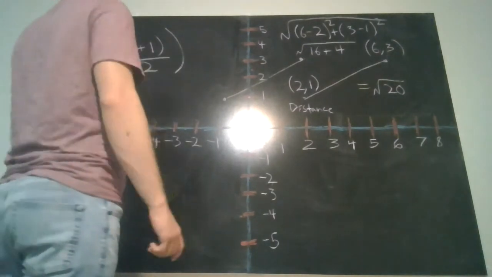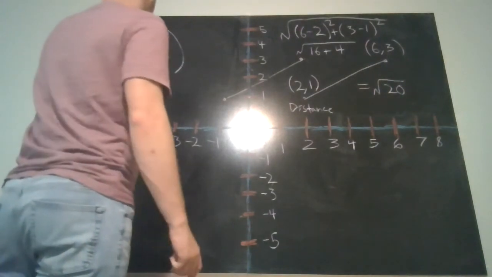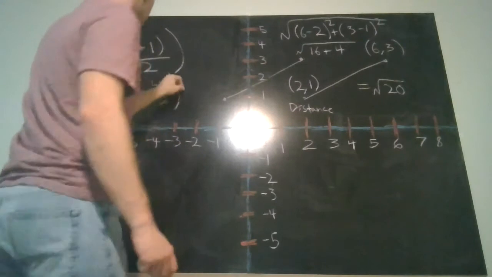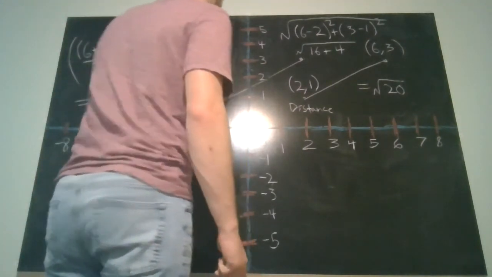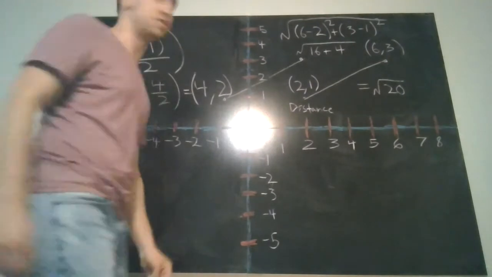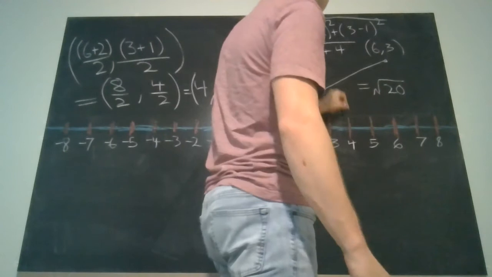Equals 8 over 2, comma, 4 over 2 equals 4, comma, 2. Meaning we can find a point in the exact middle of that line at 4, 2.